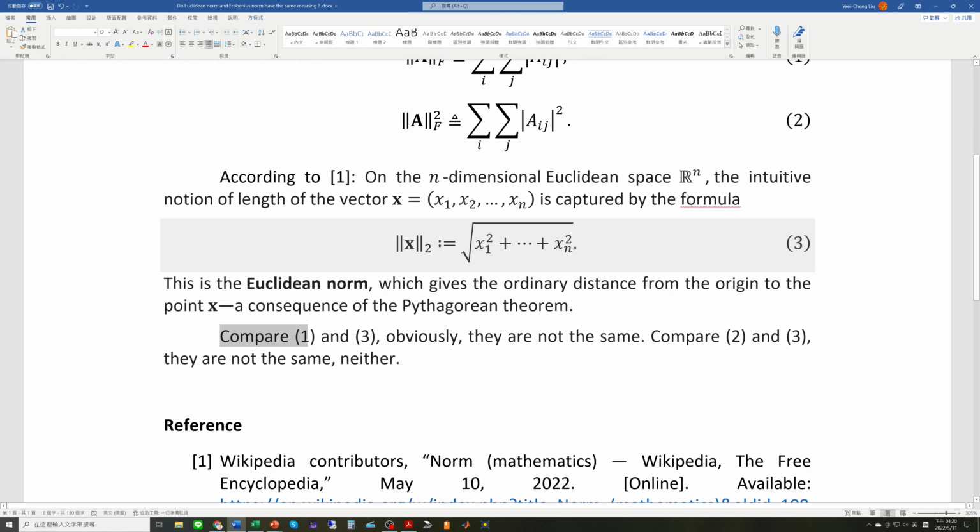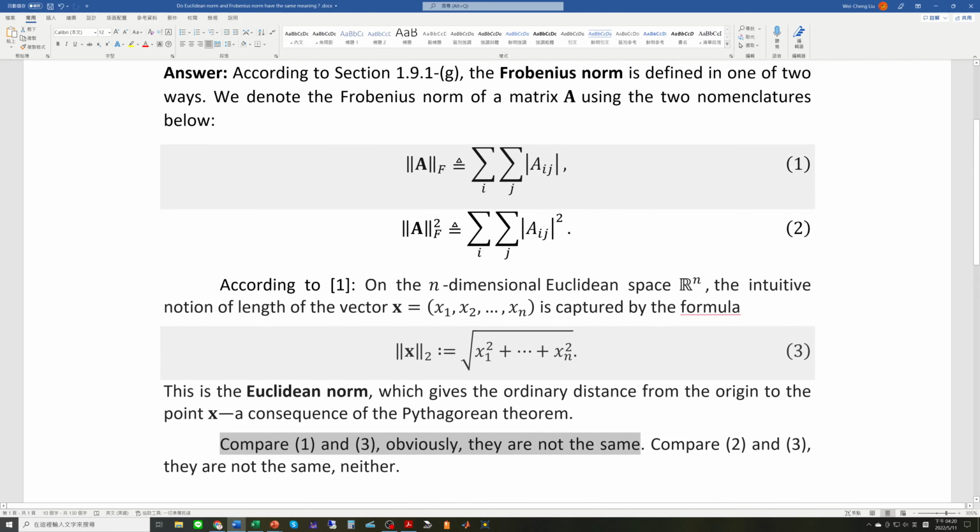Compare equation 1 and 3. Obviously, they are not the same. Let us see equation 1. In equation 1, the Frobenius norm is defined as the summation of the absolute value of all elements.